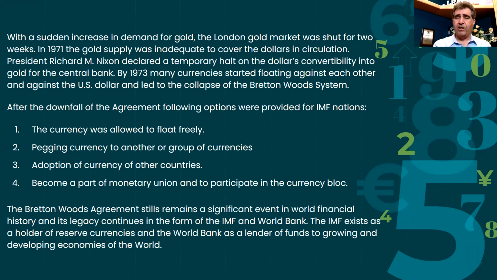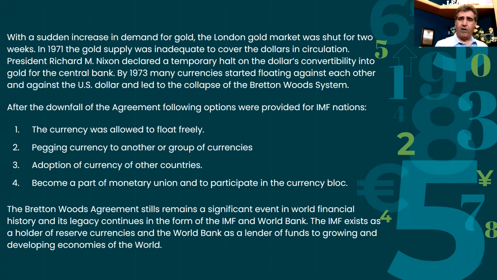The London gold market was shut for 2 weeks in 1971, because the supply was inadequate to cover dollars in circulation. That's when President Nixon declared a temporary halt on the dollar's convertibility into gold for central banks. By 1973, many countries started floating against each other and against the US dollar, which led to the collapse of the Bretton Woods system.